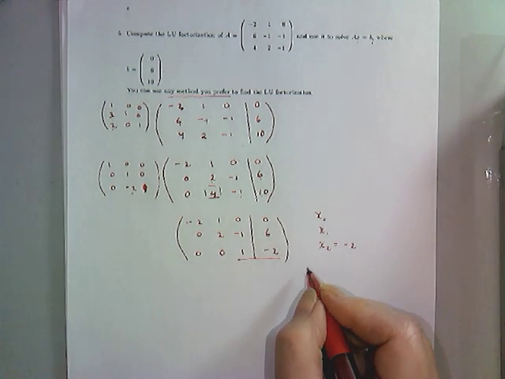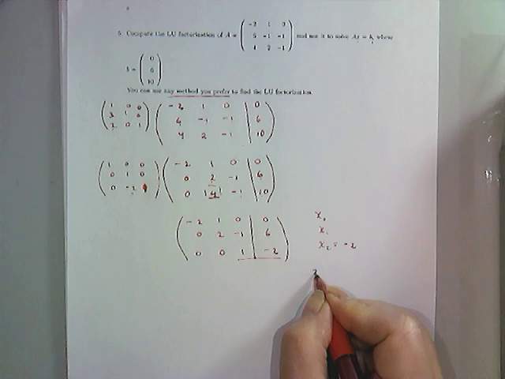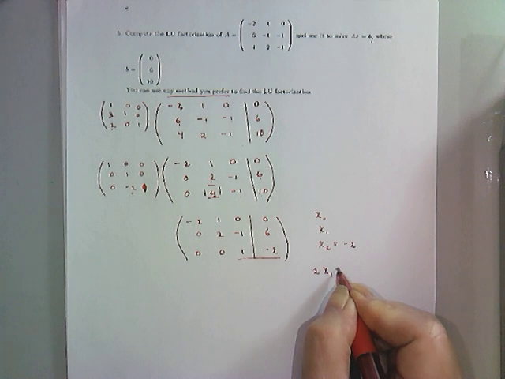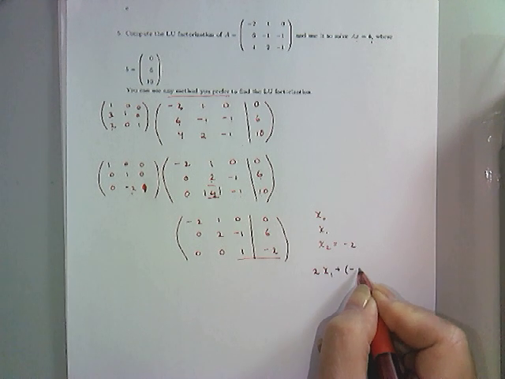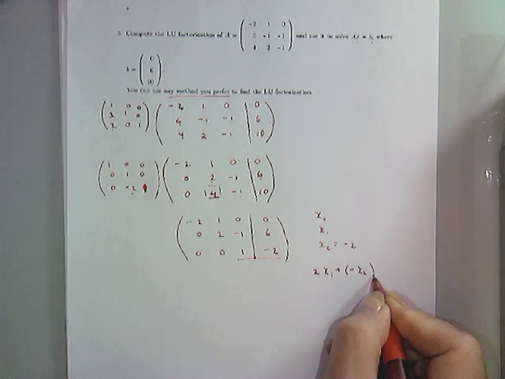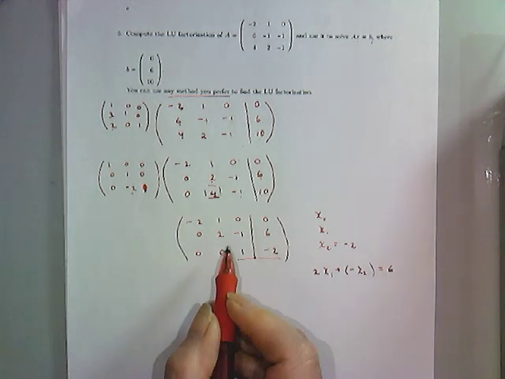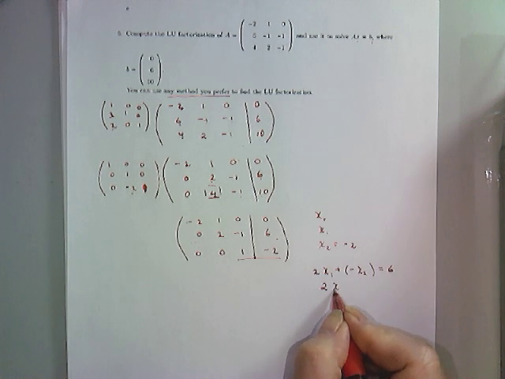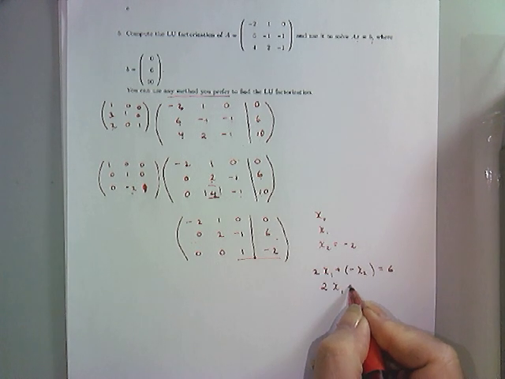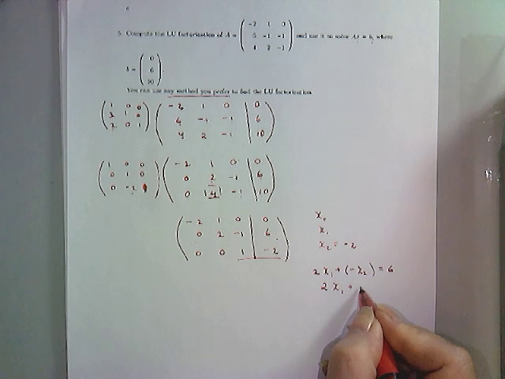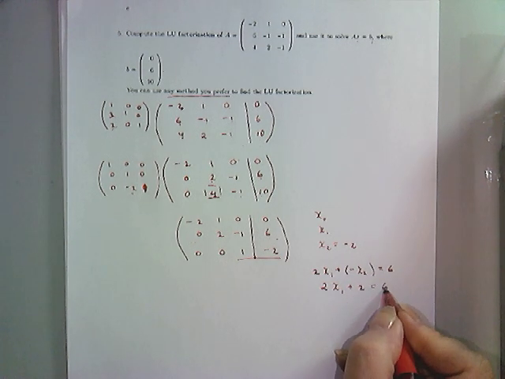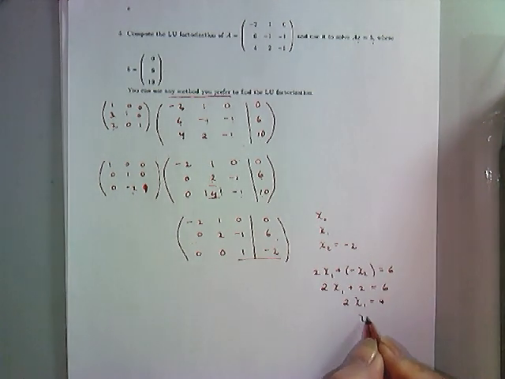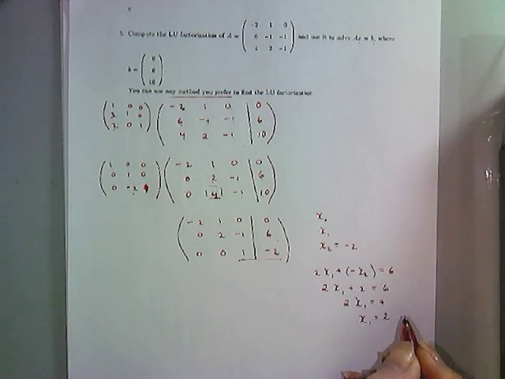I also know that 2 chi1 plus a negative chi2 has to be equal to 6 because of this row, which means 2 chi1 plus 2 must be equal to 6. 2 chi 1 would have to be equal to 4, which means chi 1 must be equal to 2.